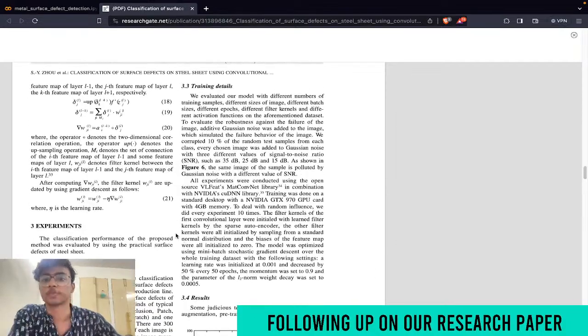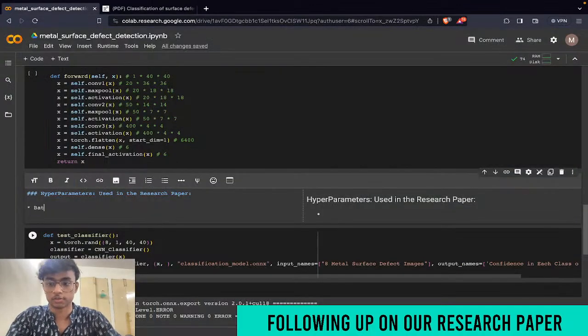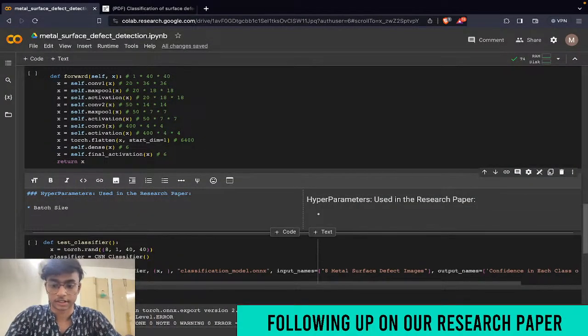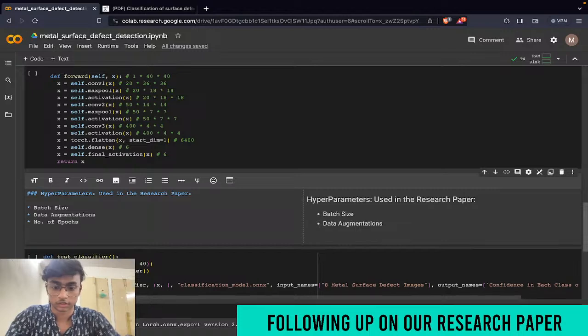What are the important parameters that we need to find from the research paper? First of all, batch size is really important. Second, what data augmentations they have used. Third, the number of epochs. Then what loss they are using.